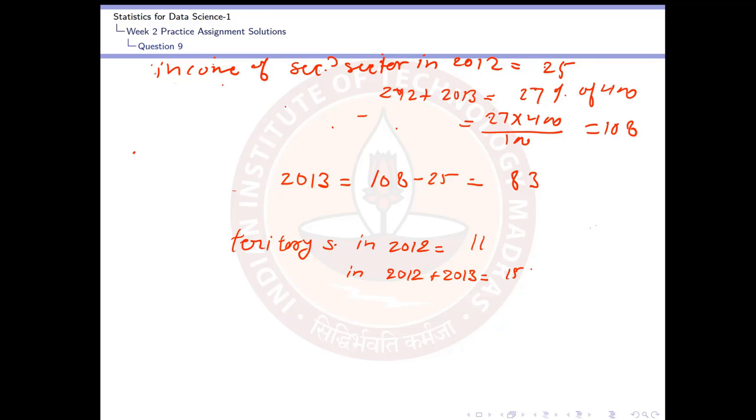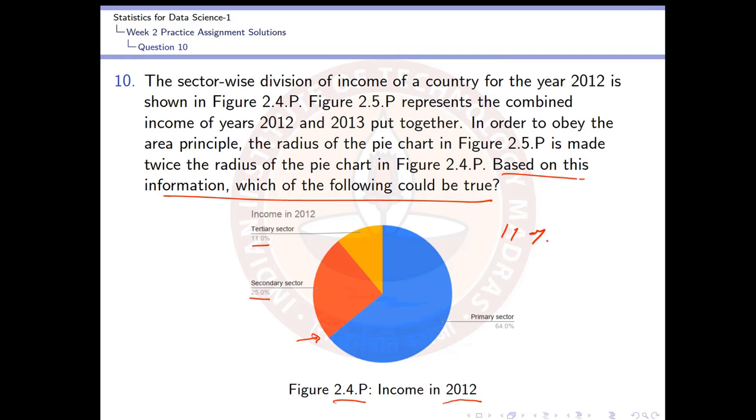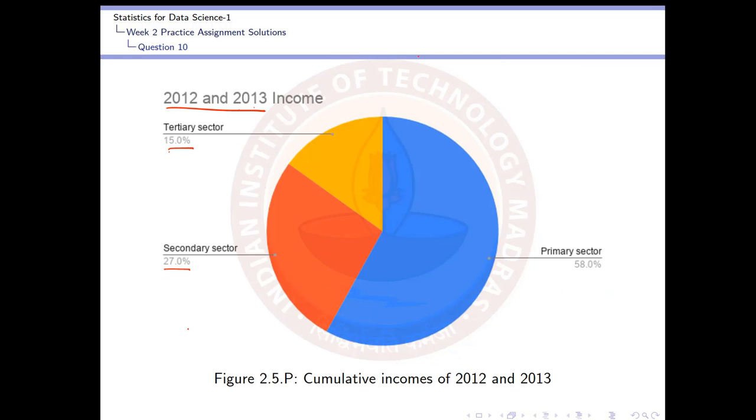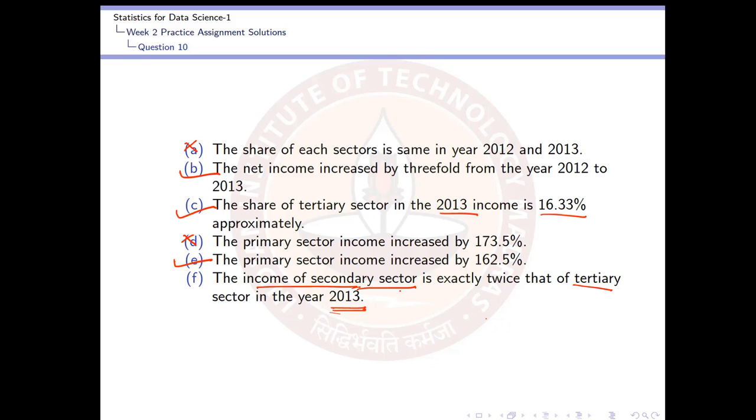That will be 15 into 400 by 100, that will be 60. So income in 2013 from the tertiary sector will be 60 minus 11. That will be 49. So the income from the secondary sector in 2013 is 83, and from the tertiary sector it is 49. So the income of the secondary sector is not exactly twice that of the tertiary sector in 2013. This statement is wrong.